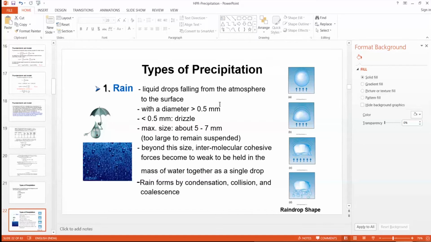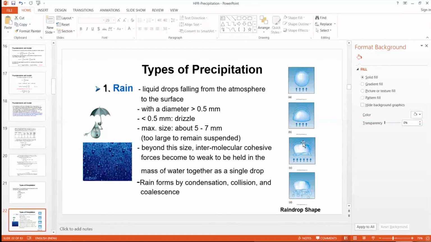Initially the raindrop is spherical in shape, but as it descends, due to the drag force and the upward pressure, its shape is distorted and the bottom becomes flat. Also it gathers moisture, so it grows a little bigger.